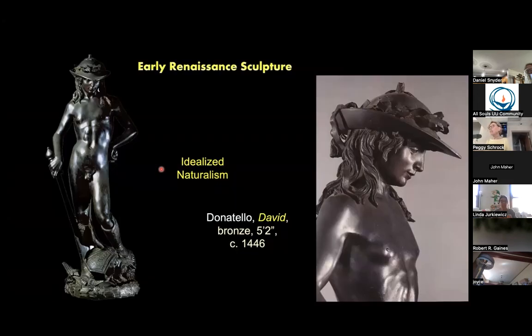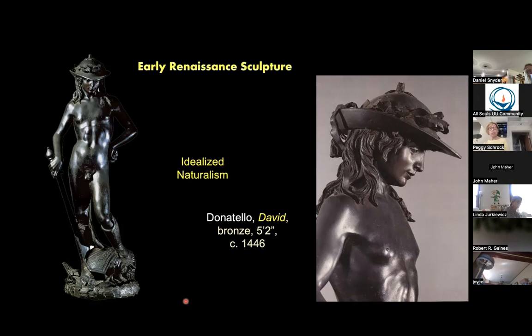Now, in sculpture, Donatello is generally considered the first to really bring this new fully Renaissance style in his version of David. And we're going to look at two other versions of David from the 15th, 16th and 17th centuries.